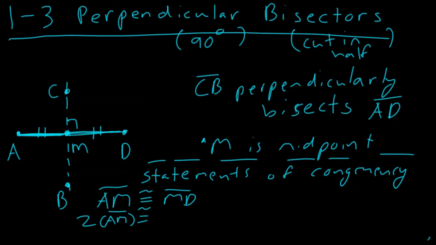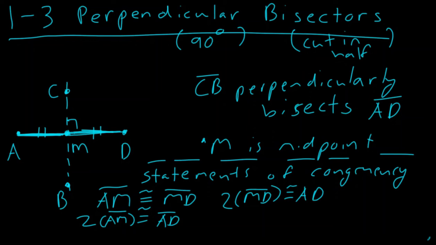And how would we say the whole thing? We'd say AD. Now that's not the only thing we can multiply by 2. Instead of multiplying AM by 2, we could have multiplied 2 times, what do you think? Yeah, that's right. 2 times MD, this segment on the right. And that would be congruent to the whole thing, AD.